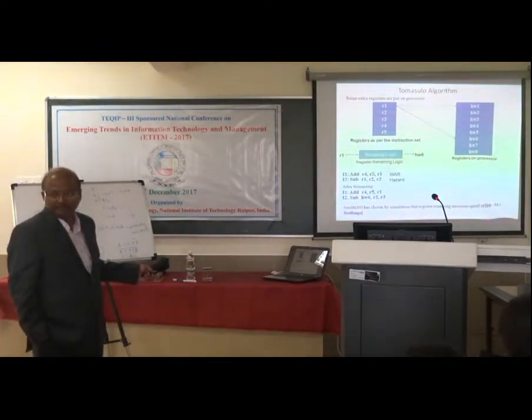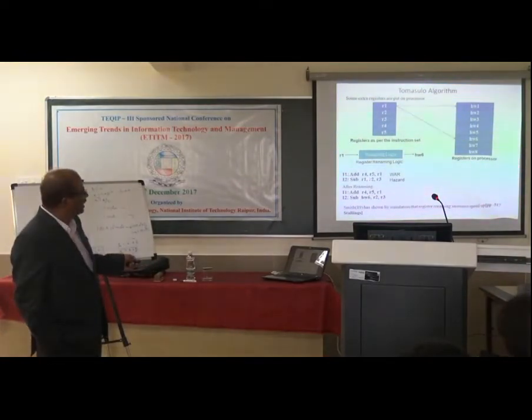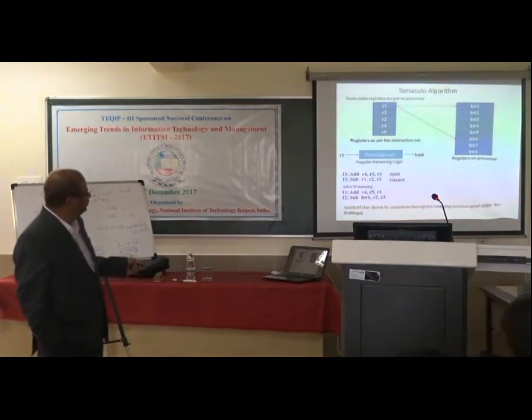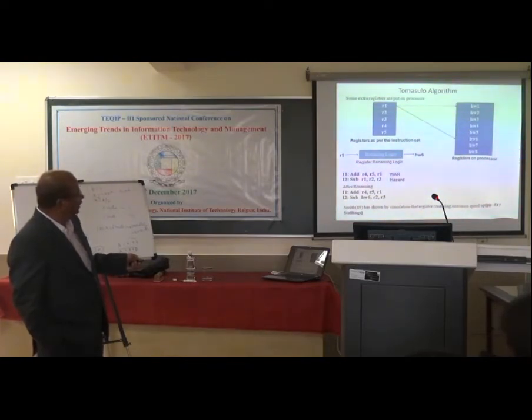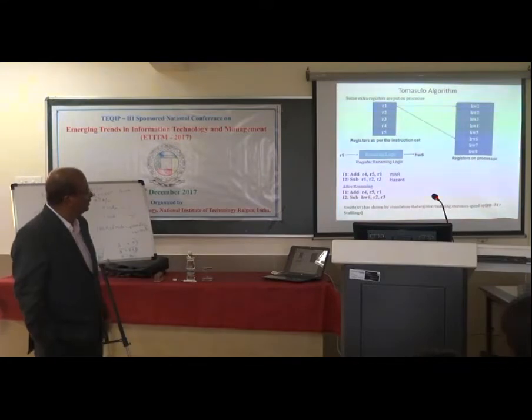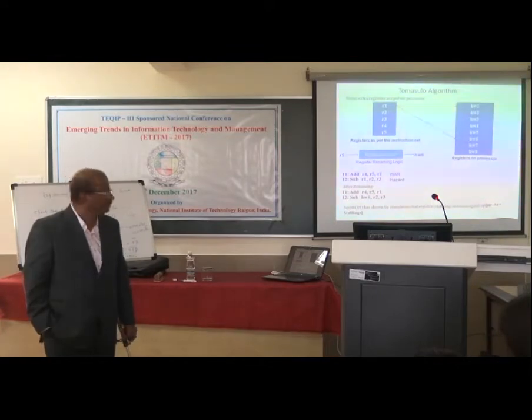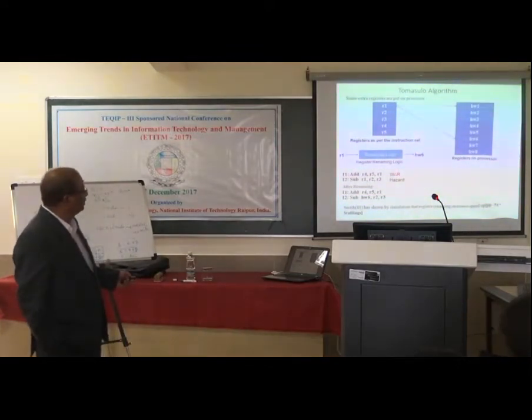Suppose I1 is slow and I2 is fast. Then I2 is completed earlier, so R1 now holds the value of R2 minus R3, and this value of R1 will be taken here in the I1 statement. So this will become a hazard, a wrong result. This is called a write after read hazard.